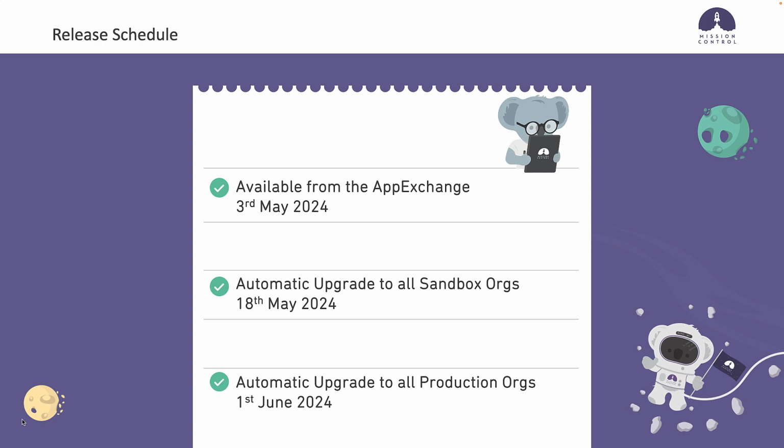So on the 3rd of May, it's available for you to manually upgrade via the Salesforce AppExchange. On the 18th of May, we will be automatically upgrading all sandbox orgs. And then on the 1st of June, we will be automatically upgrading all production orgs.